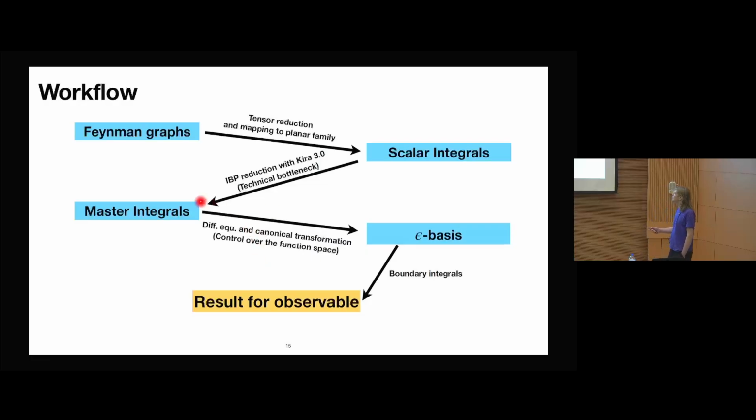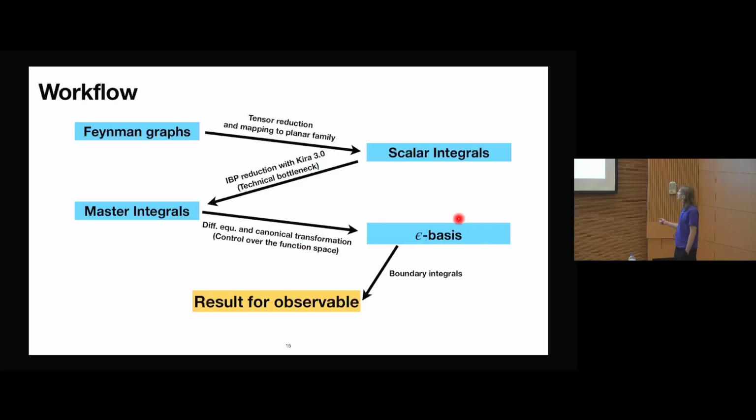And then once we land on some master integrals, which span the vector space of all appearing integrals, we have to do some differential equation and find a canonical transformation, which will give us full control over the function space and really reveal what mathematics is hidden in the observable.